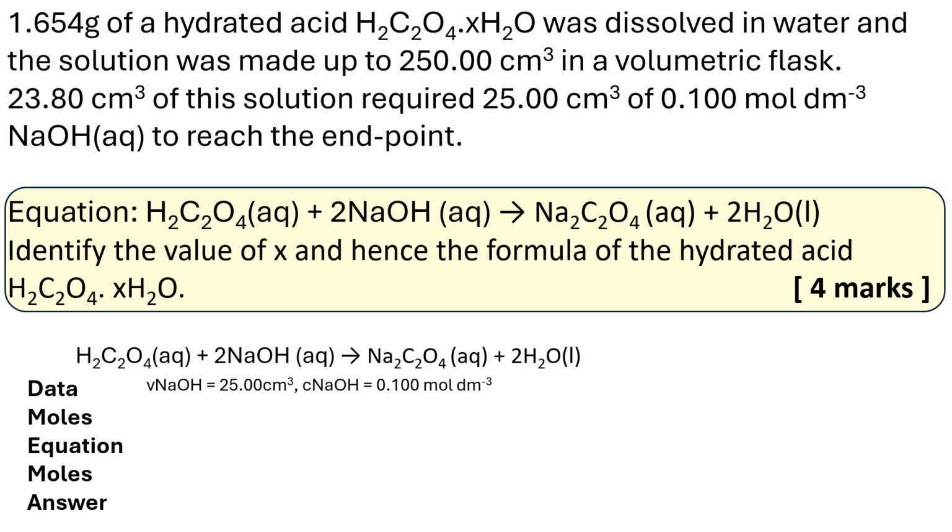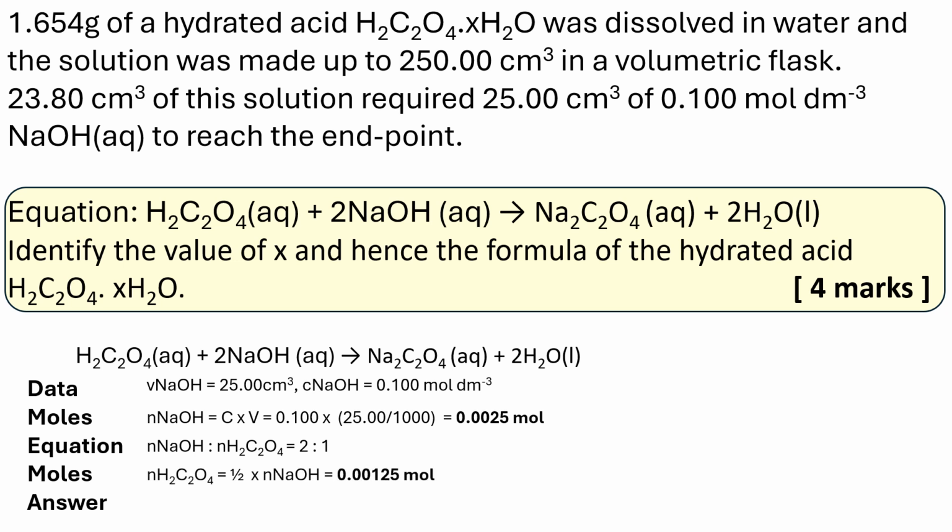You put down the data that you have for the sodium hydroxide and use n equals V times C to work out the moles, which in this case is 0.0025 moles. Now in the equation, the number of moles of sodium hydroxide to the H2C2O4 is 2 to 1. So you need to halve that 0.0025 to get the number of moles of H2C2O4 that are reacting. So that's obviously 0.00125 moles.